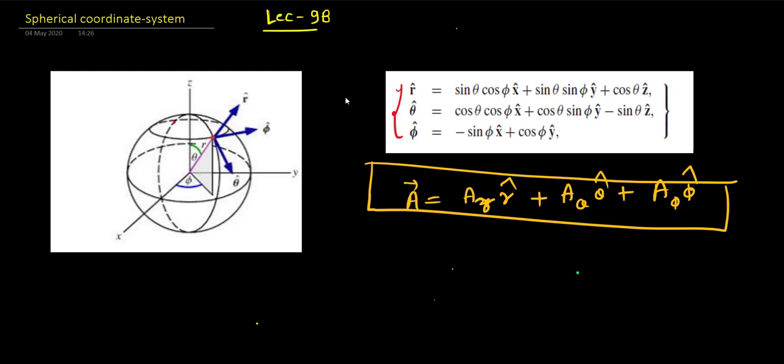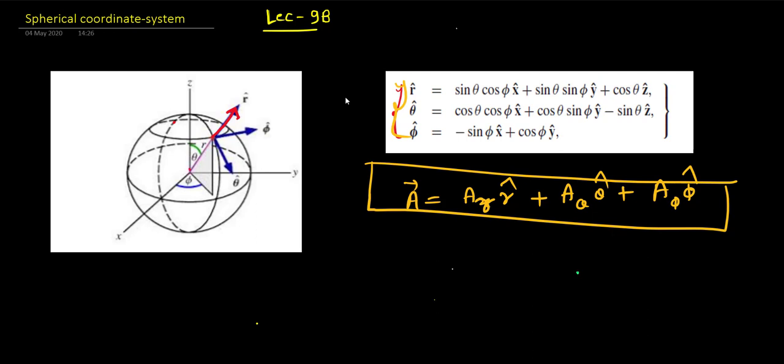Now let's try to get this relationship. If this is the direction of r cap, what would be the x component, the y component and the z component for this unit vector r cap?